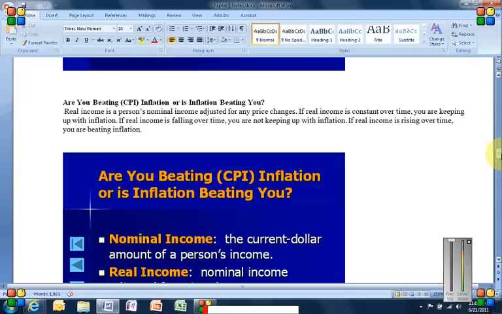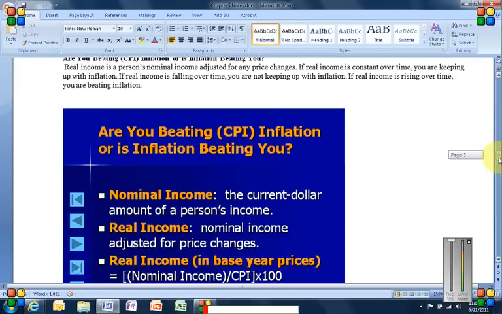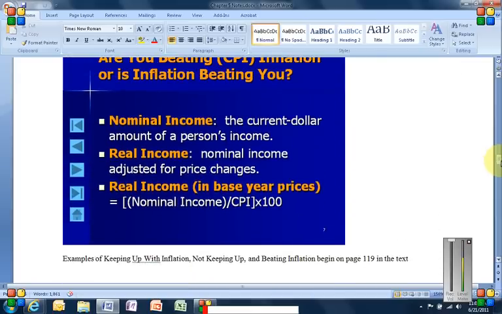People's incomes change at the same time that prices are changing, and so you can actually do some calculations, you're required to for this class, that could judge whether you or someone else is keeping pace with inflation. How do you do this? Well, you take your nominal income, and nominal just means a number, pure and simple.